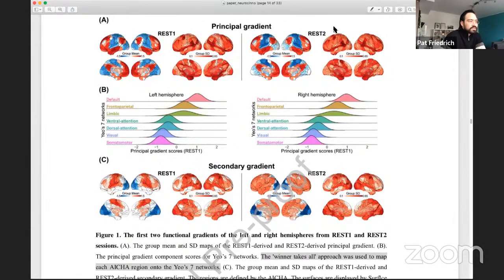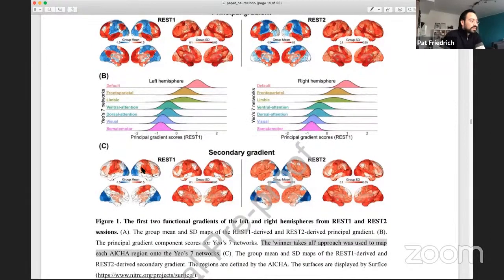They also did it in 2 different sessions, 1 test session and 1 retest session, hence rest 1 and rest 2, just to get a glimpse of the concordance between the two. So are the gradients stable in the same participant over time? That's true for the first, principal gradient, but not for the second gradient when you separate the 2 hemispheres and calculate each gradient per hemisphere.